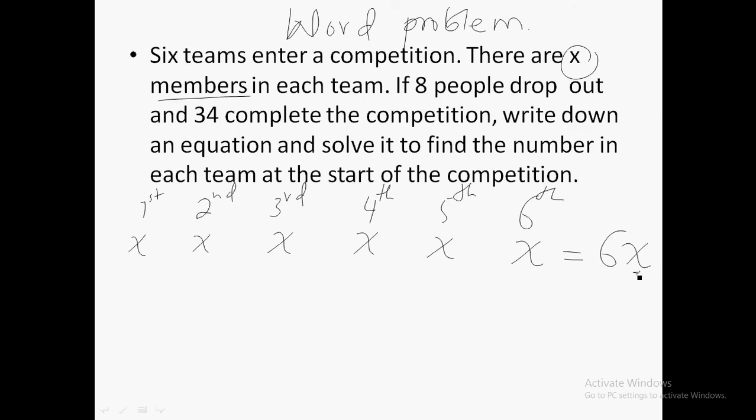8 people drop out of all those 6 teams. So from 6x, the members of all 6 teams, 8 members drop out, which means subtract, remove, eliminate them. And 34 complete the competition.